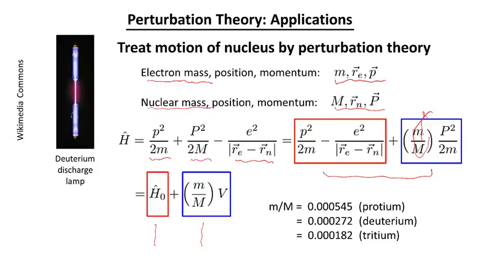And here are the values of that small parameter for the several stable or nearly stable isotopes of hydrogen. Protium is the name for an electron bound to a proton, mass 1, proton mass. Deuterium, electron bound to the deuteron, and tritium, the electron bound to the triton. Nuclear masses are roughly in the ratio 1, 2, and 3.